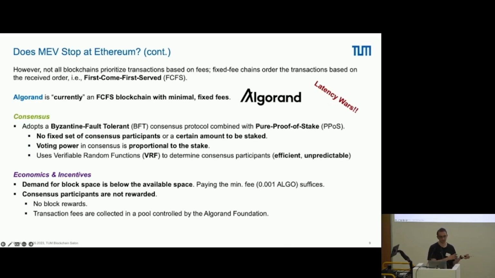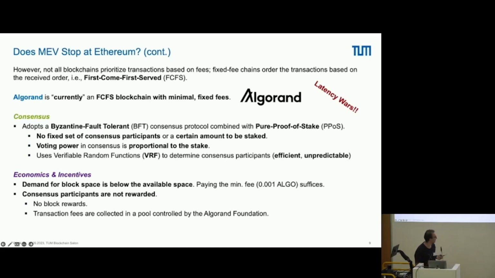On Ethereum, for example, you know two epochs beforehand, so a couple of minutes beforehand, who is the block proposer in a certain slot in the next epoch. But on Algorand, it's all calculated on the fly, so you cannot design a strategy beforehand.